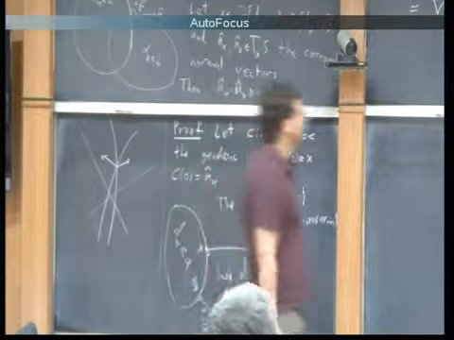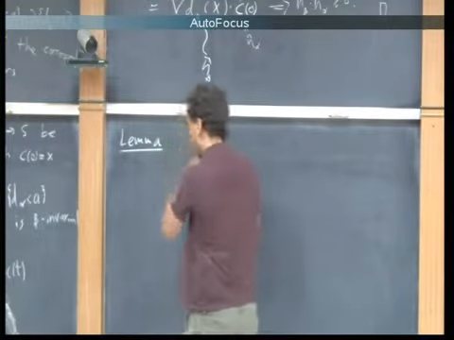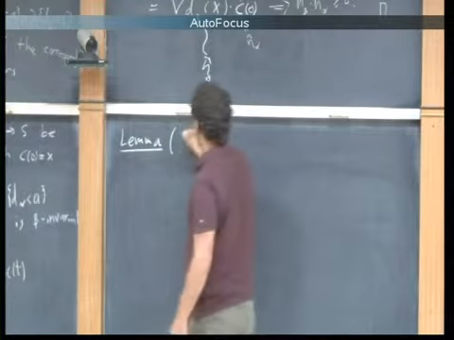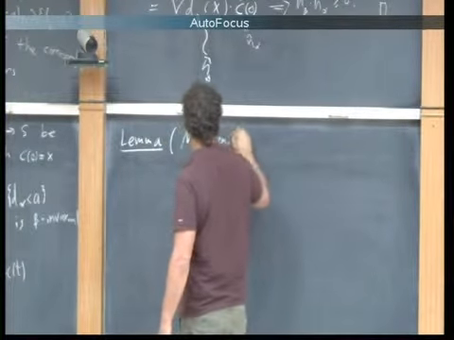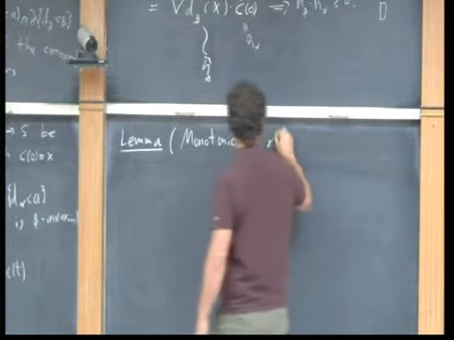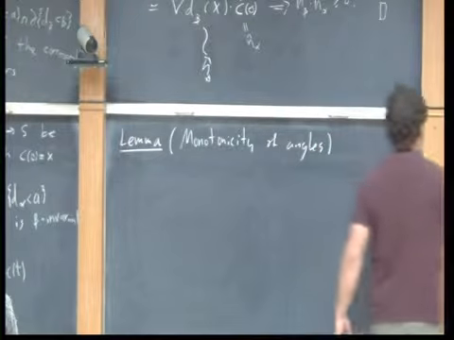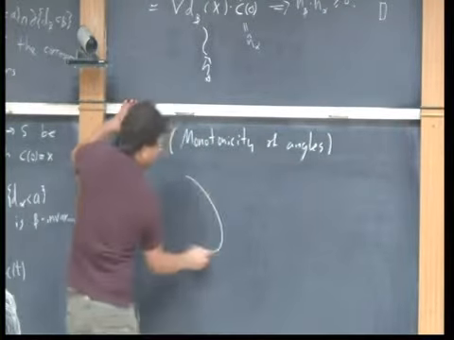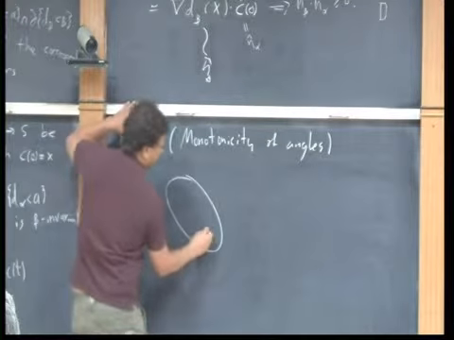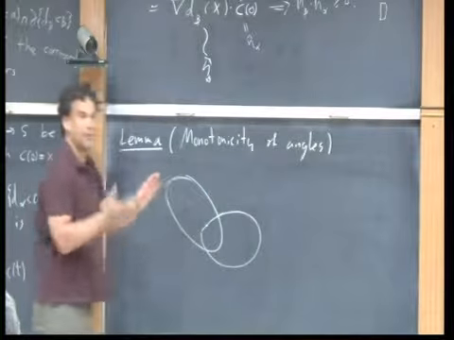Okay, then there is another lemma, the second lemma, which I will call monotonicity of angle. Just recall, we now know the sublevel sets have good angle between them, so we control the angle.